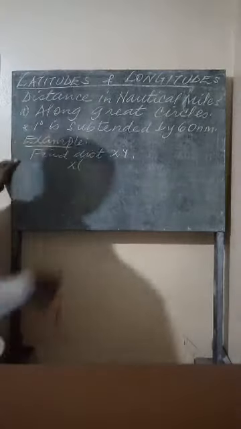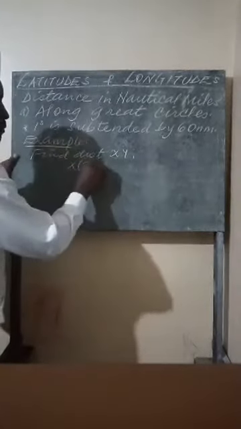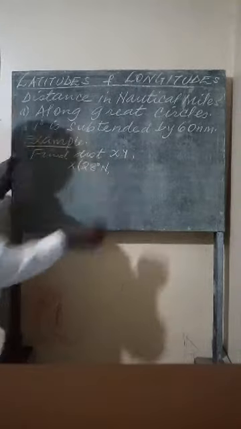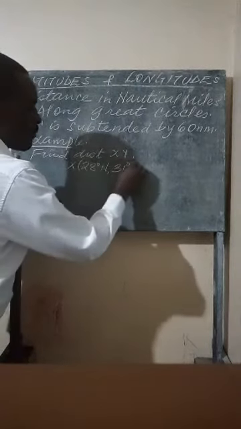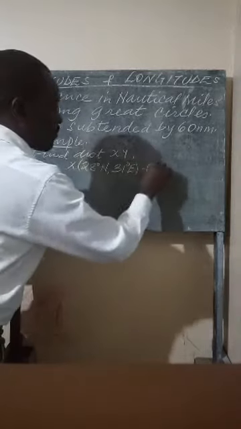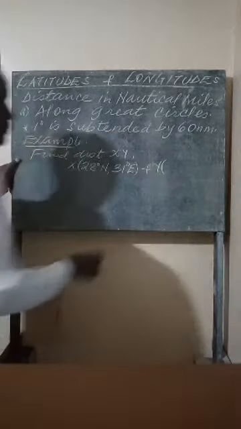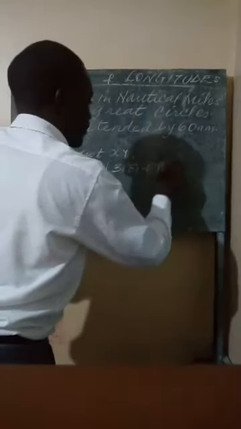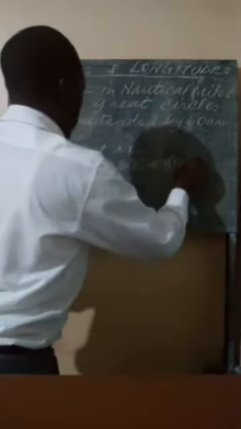Find distance XY. I'm going to give you a reference for X. X to Y is to the south, again 31 degrees east.